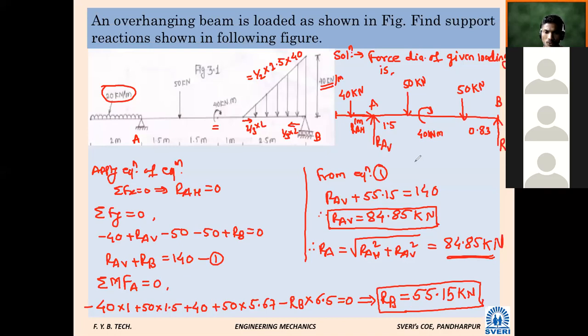Have you got the answer, or are you listening only like our television, ABP Maza, TV9 Marathi, something like this? Are you listening or solving? It is not like that.